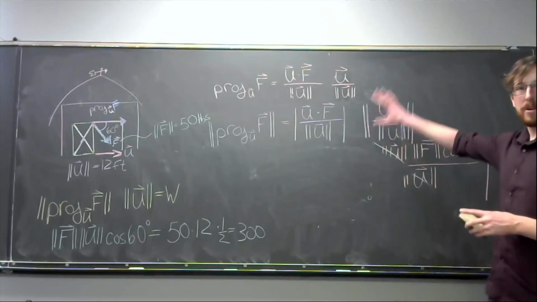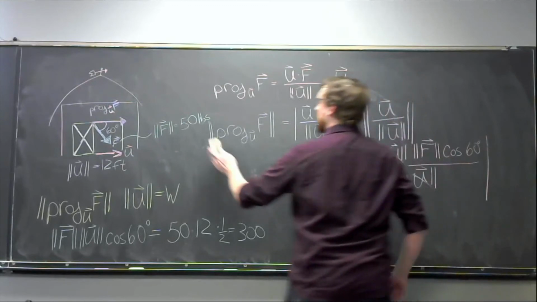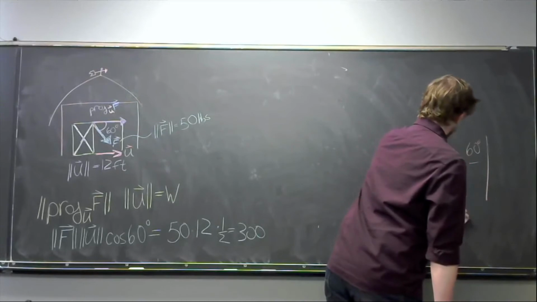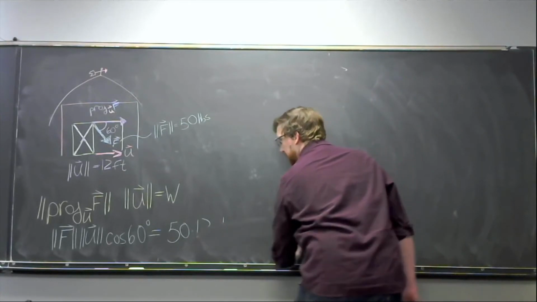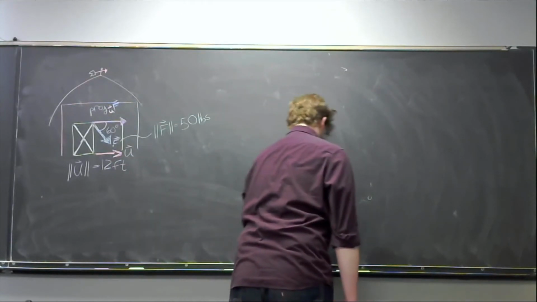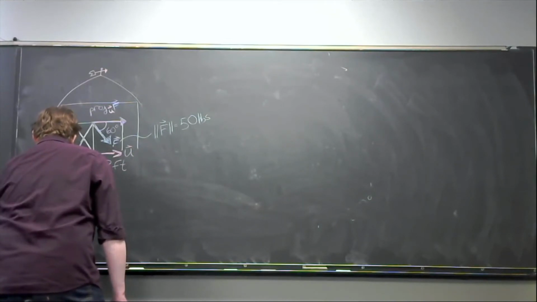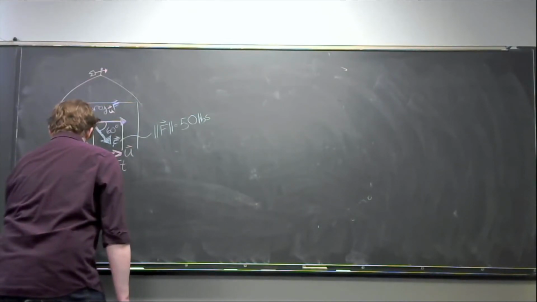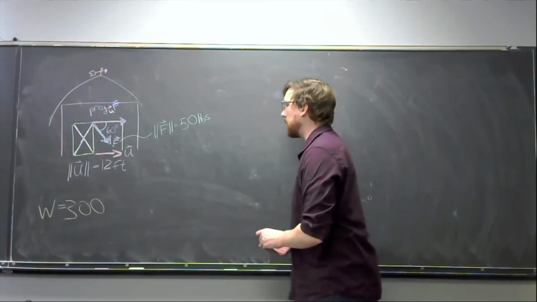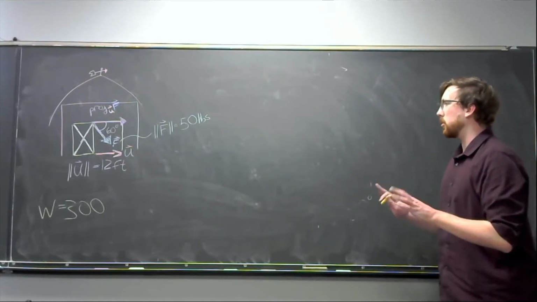Okay, so I went about showing this the long way. Now I'm going to go about it the short way. So we just said that the work is equal to 300. It's actually 300 foot-pounds is what it comes out to be. The units matter, but I'm not going to get into that just yet.